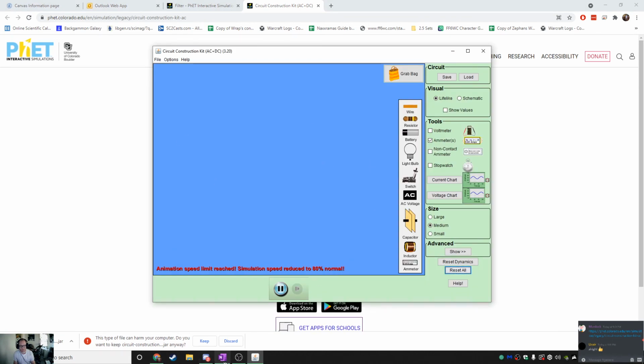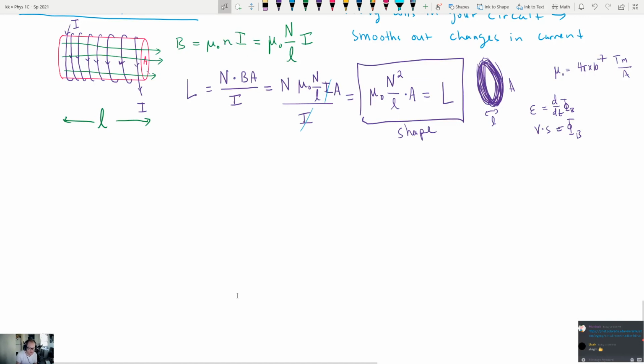But really what I want you to do, I'll write down to be more clear. See if you can construct a circuit so that... I'll make this bigger so you can see it.